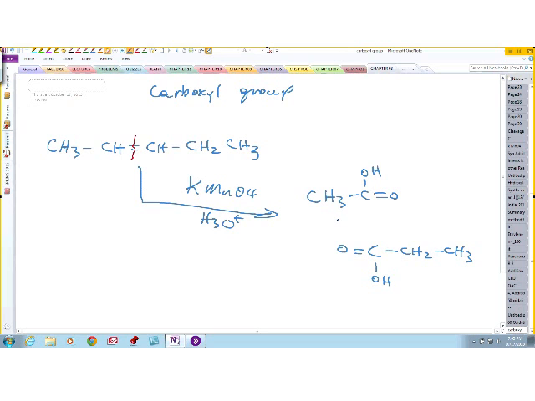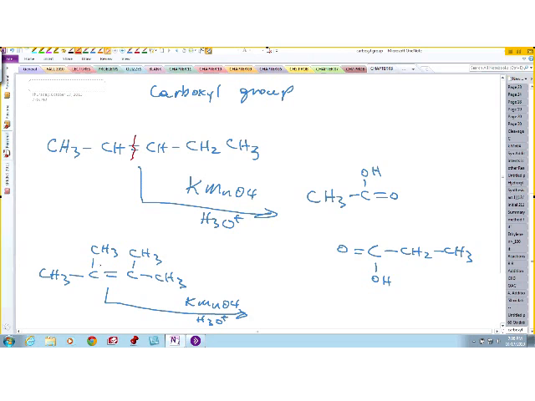However, if both of the carbons do not contain hydrogen, in this case, supposing we have this, how many products do you expect here? In this case, we have a symmetrical molecule, right?